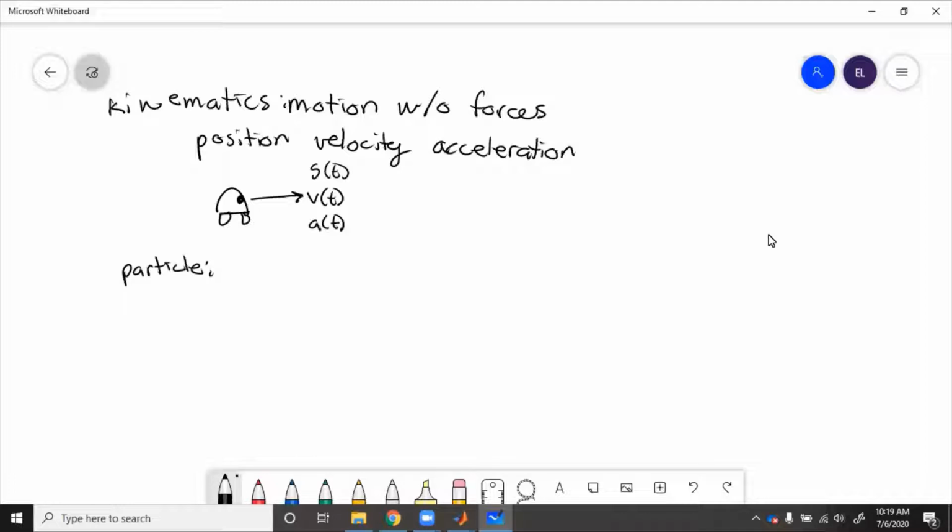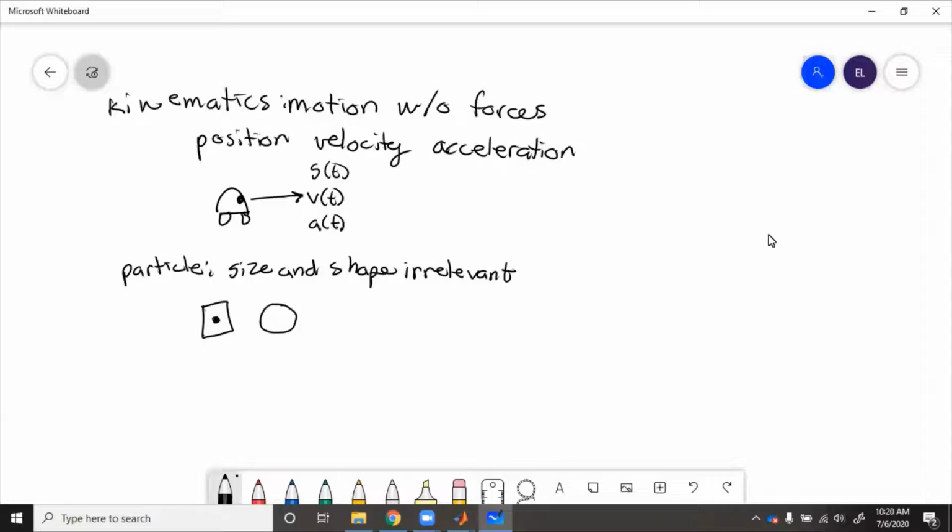So a particle just means to simplify the object so that it's just a dot. Size and shape do not matter. So whether the object is a box, we say all the mass is concentrated at the center.